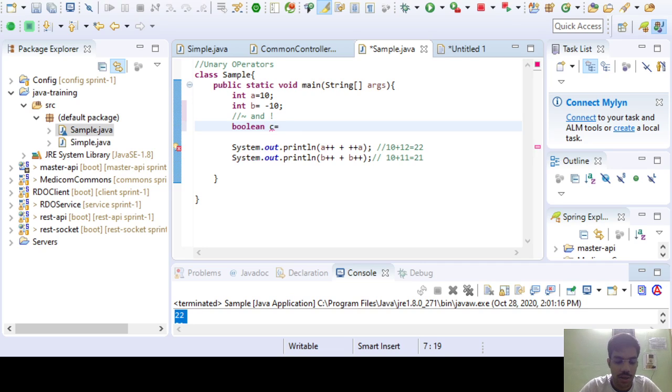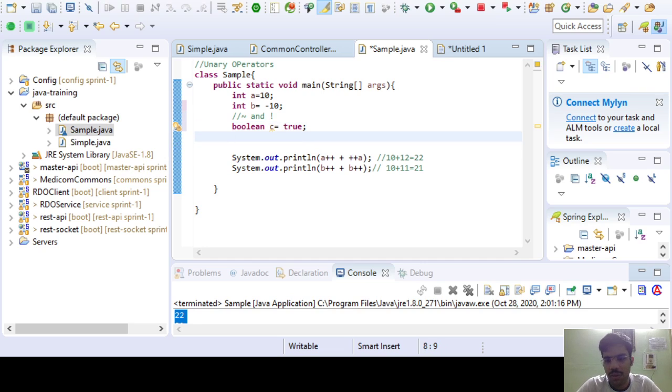Let's check: Boolean d equal to false. Okay, the semicolon is very important. If you declare that, then the program will be over.